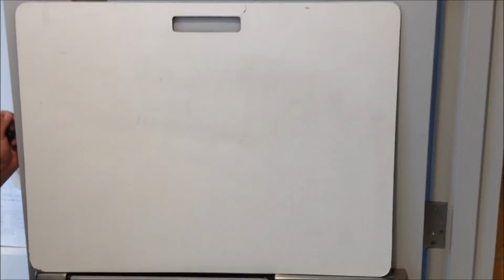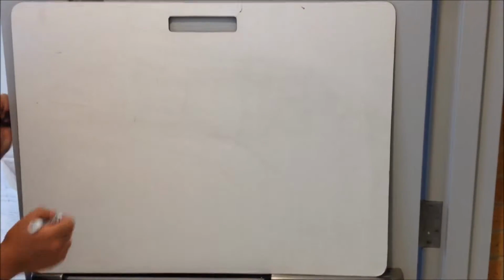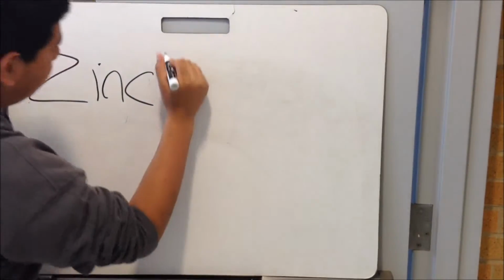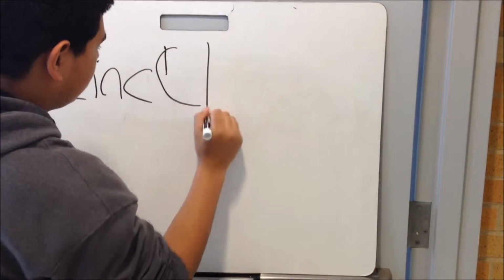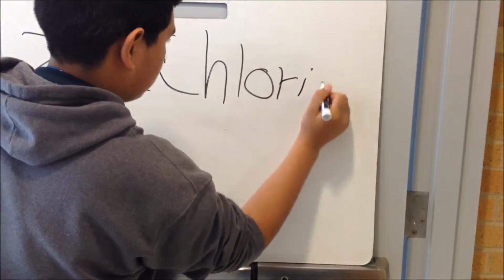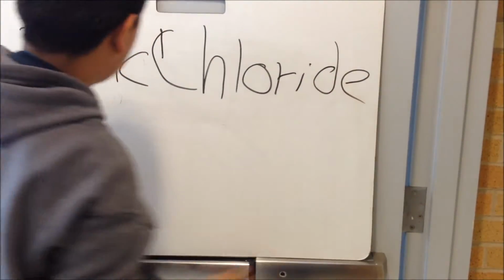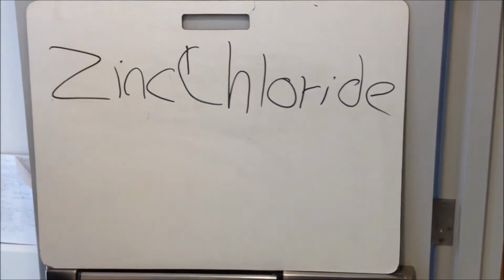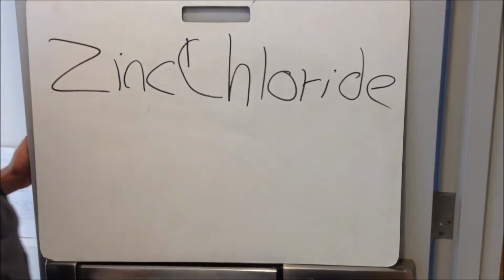As a second example, we're going to do zinc chloride. Zinc, like in the first one, it's a metal and a cation, so it goes first.